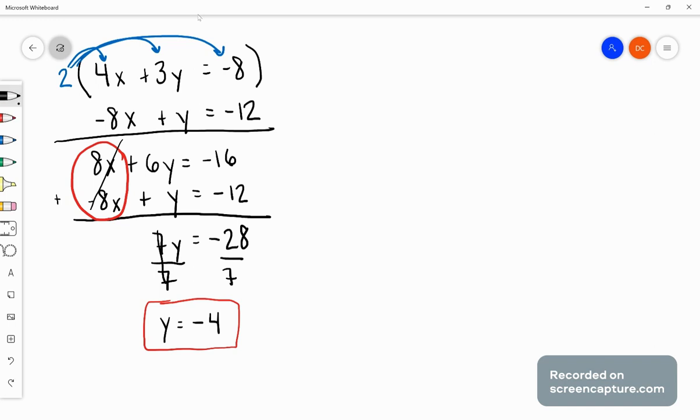Now I go and I use that to solve for my x, right? And again, I can use whichever equation I want. So I'm going to use this top one. 4x plus 3y equals negative 8.